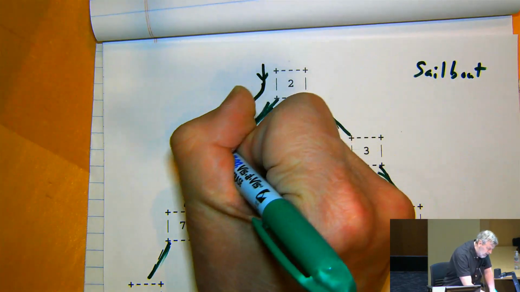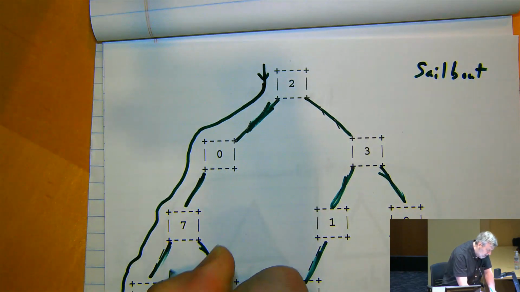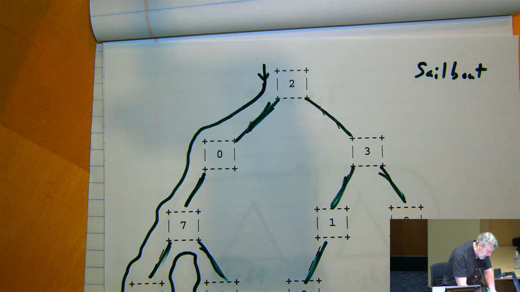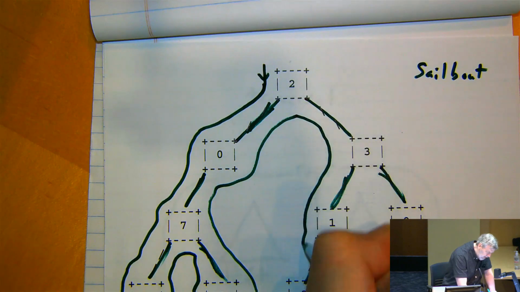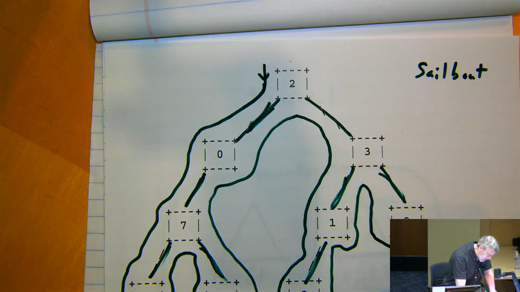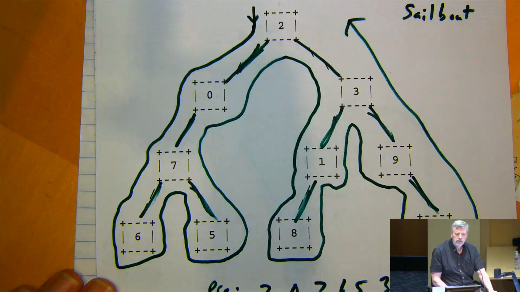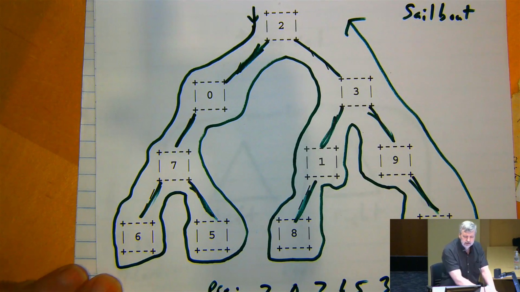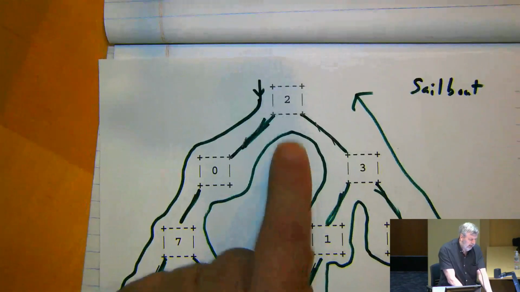So it travels along here, always staying as close as it can to the coastline. Comes around here, hugging the coastline, under here, under here, under here, and then it comes all the way back out again on the other side. So that would be the path that the sailboat would travel as it sailed around this set of islands.